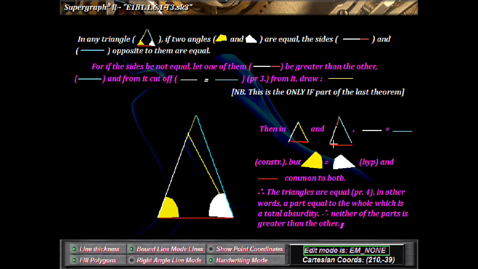However, it is clear that this triangle is only a part of this triangle, and so therefore what we have is a part being equal to the whole, and that is a total and absolute absurdity because that contradicts an axiom.